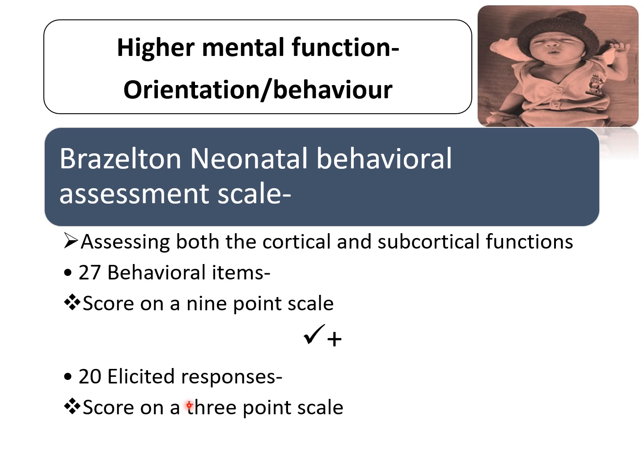And we have to also see the patient's orientation to the visual, auditory. So all are included in the Brazelton Neonatal Behavior Assessment Scale. And for the behavioral items, we have to give the score on the 9-point scale, and in the elicited response, we have to give the score on the 3-point scale.